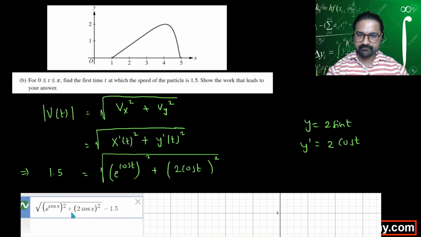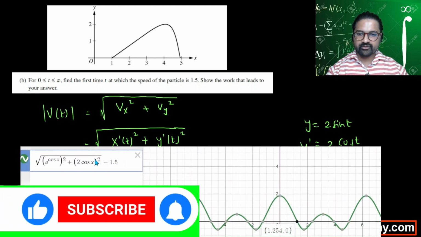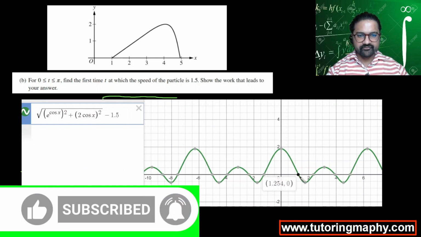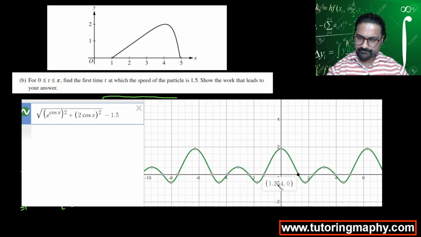This is the function which we had, e raised to cos x whole square plus 2 cos x whole square, and I just brought this 1.5 over on the other side, so it became minus 1.5. And basically we are looking for the points where it intersects the x-axis, because that will be its roots, and the first point where it intersects the x-axis is 1.254. And that is the reason why I got 1.254.